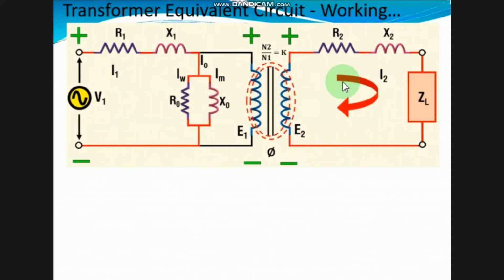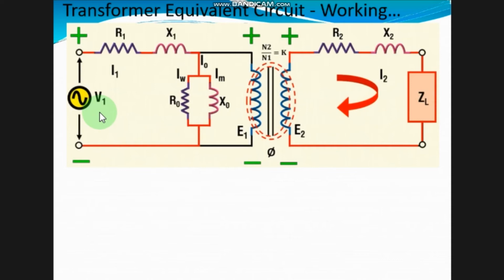And similarly in the secondary side, R2 represents the winding resistance, and X2 represents the leakage reactance, and ZL is the load, and this V1 is the primary source that we are supplying the energy to the transformer.